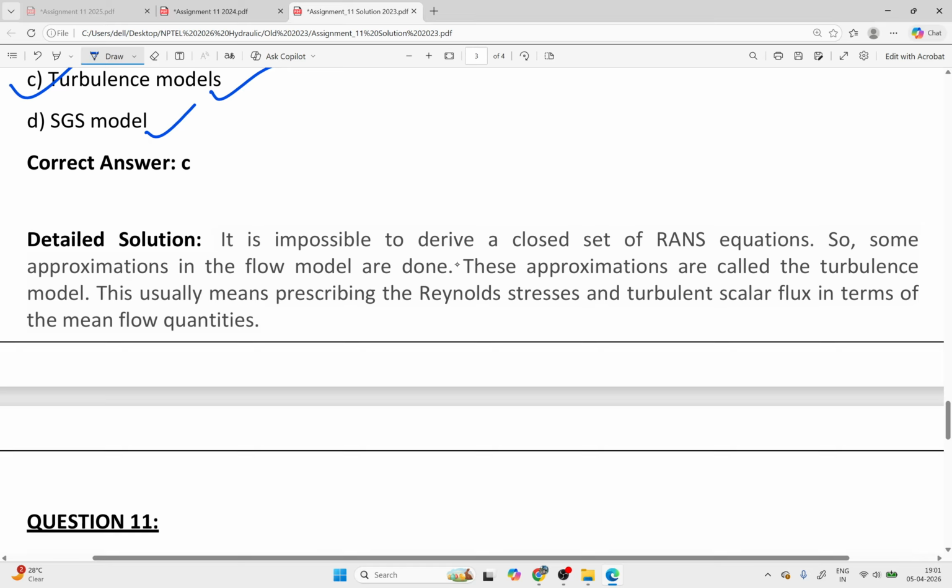It is impossible to derive a closed set of RANS equations, so some approximations in the flow model are made. These approximations are called turbulence models, and this usually means prescribing the Reynolds stresses and turbulent scalar flux in terms of the mean flow quantities.